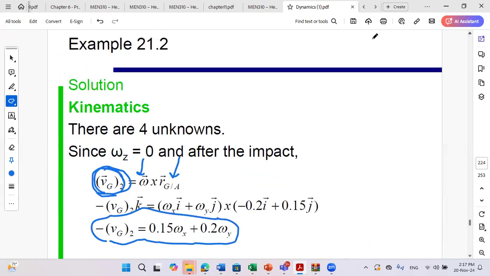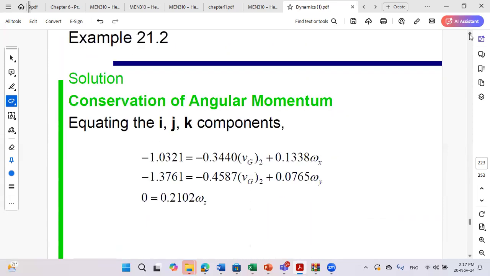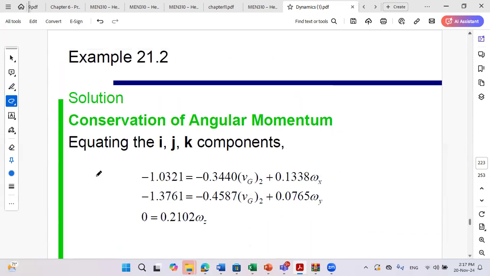From the previous analysis, when you replace in x, y, and z, 3 equations, okay, you have that from the third equation, you can conclude that you have omega z equal to 0, okay? So you just have then 2 components of angular velocity to determine, omega x and omega y.